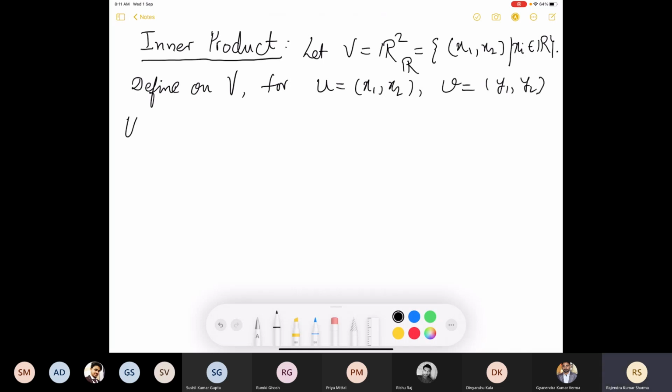So u dot v is defined as x1 y1 plus x2 y2.